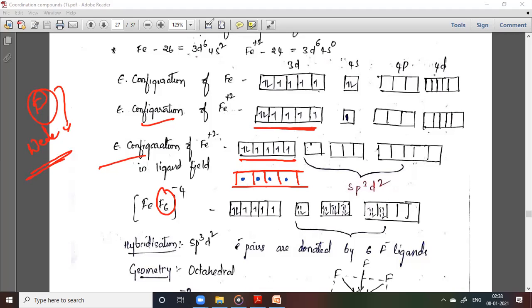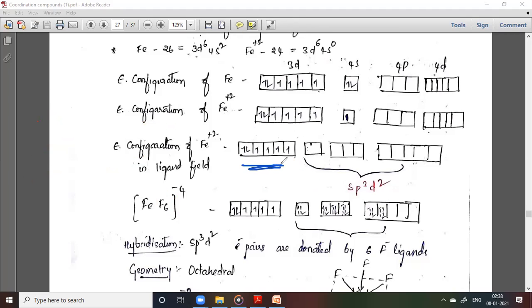Sorry, I forgot to draw another orbital. See here, another electron like this, and after 5 electrons, the 6th electron pairs up. This is according to Hund's rule. Because it is a weak field ligand, after these 6 electrons there is no vacant orbital.